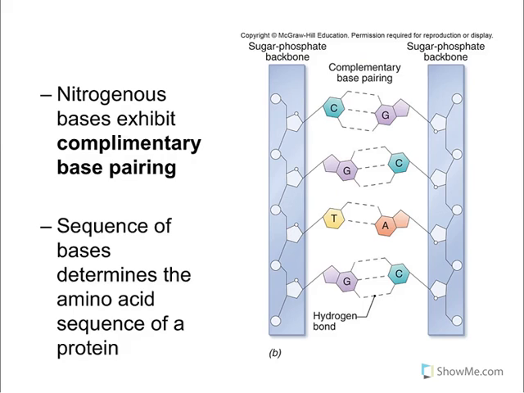Pretty impressive stuff there. So we have those bases, A, T, C, and G, that pair up together. C always pairs with G, as you can see here, and A always pairs with T. So those always go together. And the sequence of these is going to code for specific proteins.